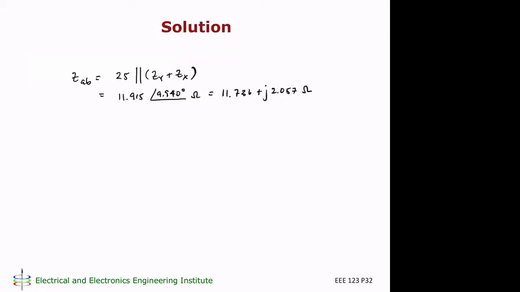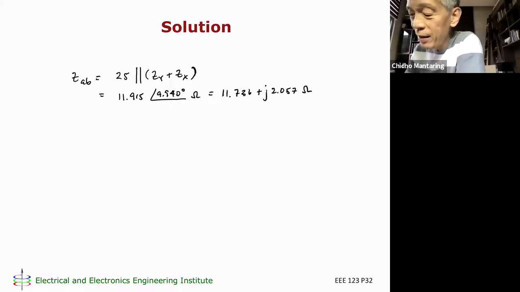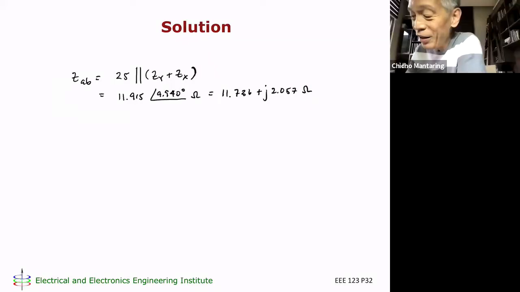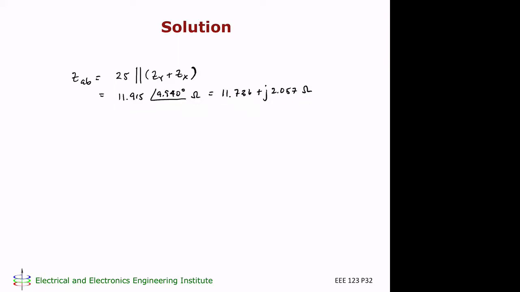Sir, is it a complex number or a phasor? Is the phasor form the more accepted answer? First of all, this is not a phasor. You're talking about polar form or rectangular form. Is that your question?